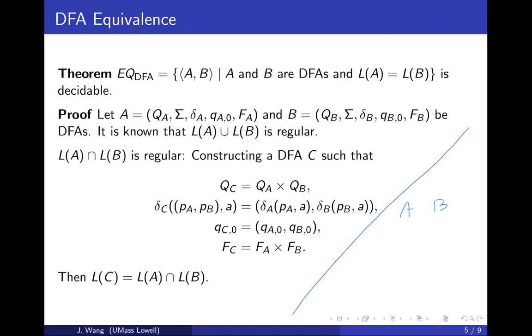Of course, you may be tempted to check whether L(B) is equal to L(A). However, this could be infinite, and a Turing machine can only handle finitely many things. So then, how can you do it?